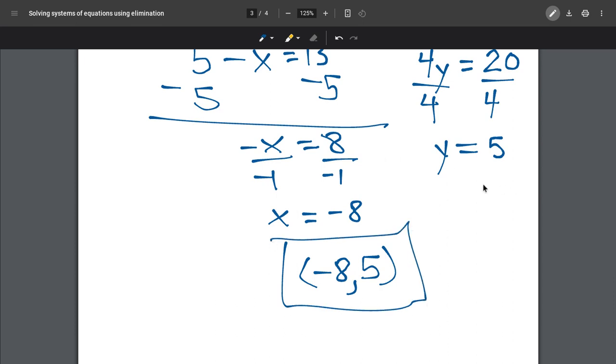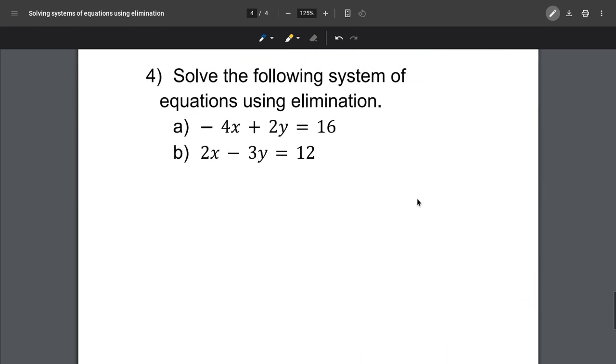Okay, let's try one more. We're going to solve this last one. We've got negative 4x plus 2y equals 16 and 2x minus 3y equals 12. If I multiply the bottom equation here by 2 and then add them together, that's going to eliminate the x values.